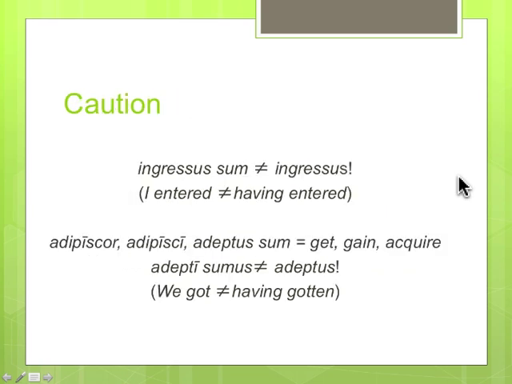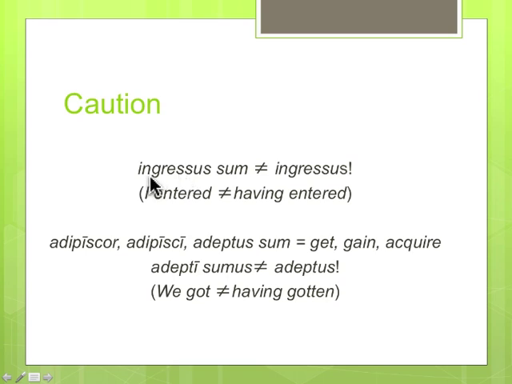Just one little word of caution here. This is an odd one. Ingressus sum means "I entered." Ingressus means "having entered." In my experience teaching this class, students sometimes get these two confused.